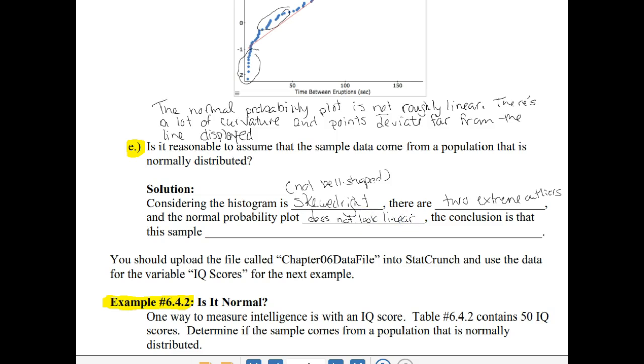So it kind of violates all three of the things that we were looking for. We were looking for bell-shaped, we were wanting no outliers, and we were wanting the normal probability plot to look roughly linear. And none of those things were true.